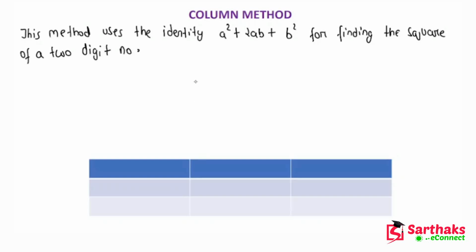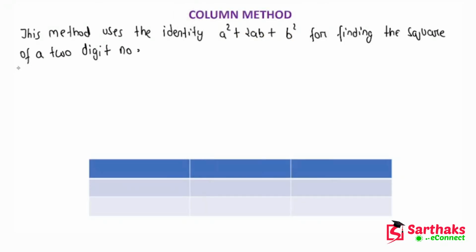Now you can very well see that this method has a limitation, and the only limitation is it can be used only for 2-digit numbers, but for them it is highly effective.